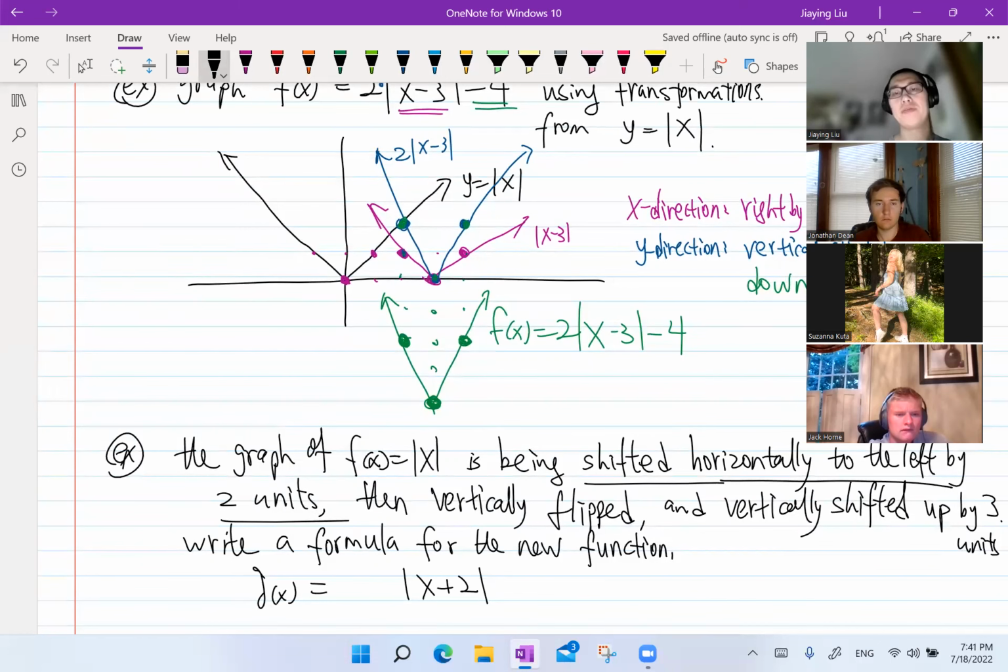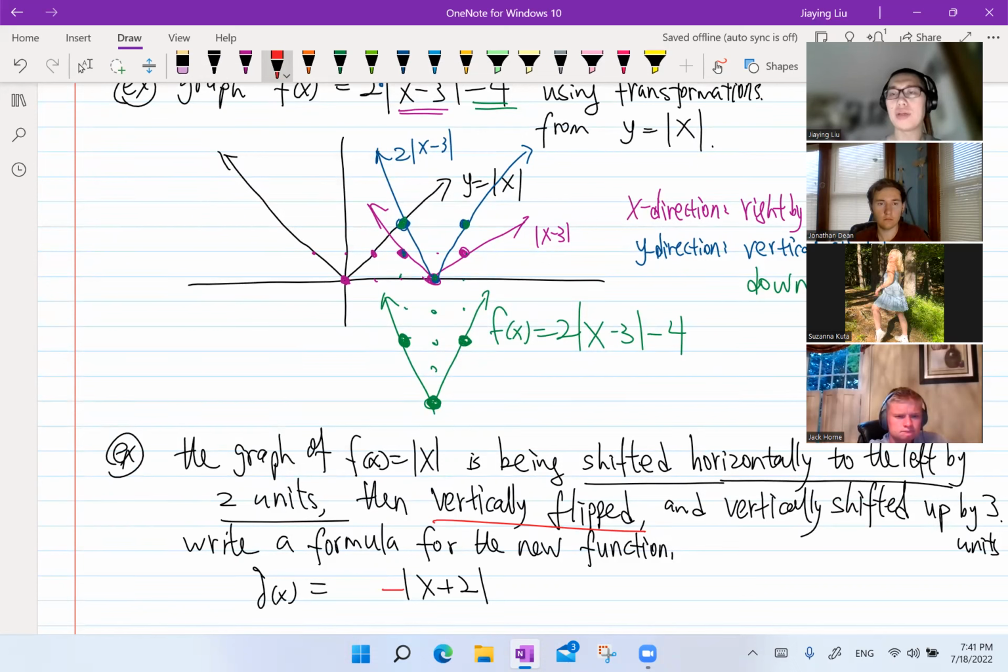And then flipped vertically, if we flip vertically, it's going to be the y, in this case the entire expression, absolute value x plus 2, that's going to multiply by -1. So just put a -1 in front of this absolute value. You can just put a negative sign, you don't have to put a 1 there. So it's a negative absolute value x plus 2.